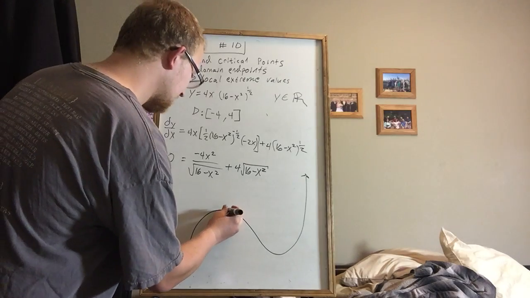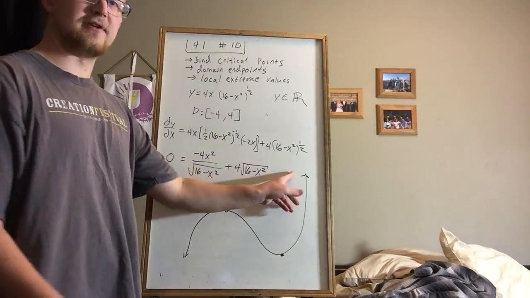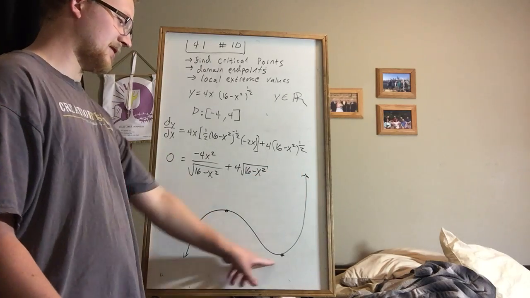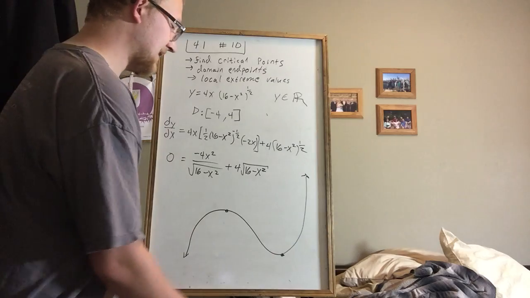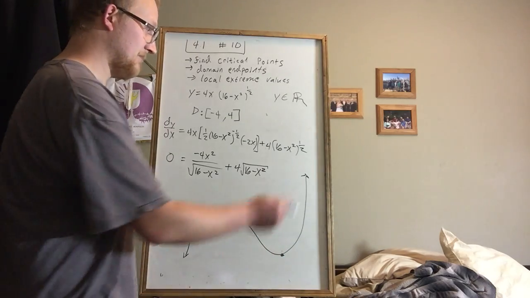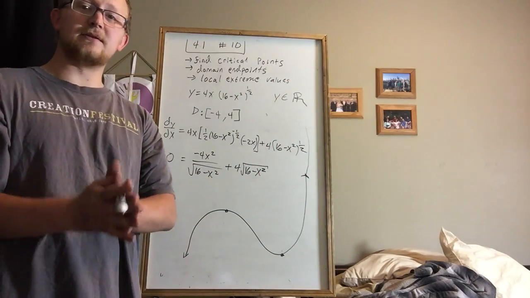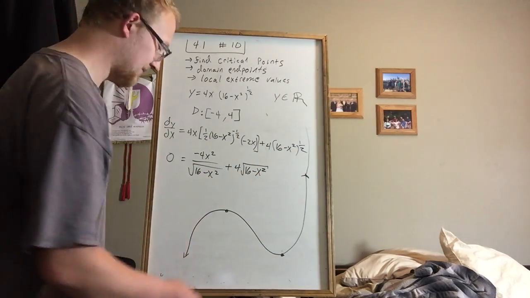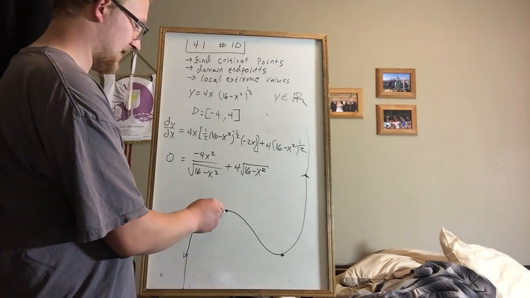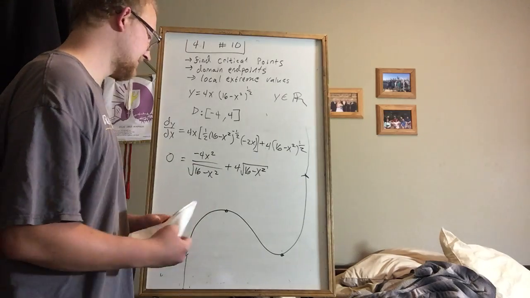So that's a local maxima right here. That's a local minima. And what you'll notice is that the graph does actually get higher than this local maxima and also gets lower than this local minima. But that doesn't change the fact that these are the local minimum and local maximum. Maybe this graph goes all the way up to positive infinity. So its absolute maximum would be positive infinity. Its absolute minimum would be negative infinity. But then beyond that, it would have 2 local maxima and minima, or 2 critical points.